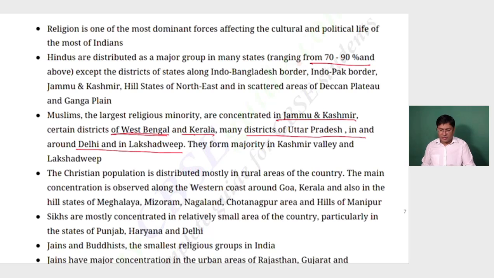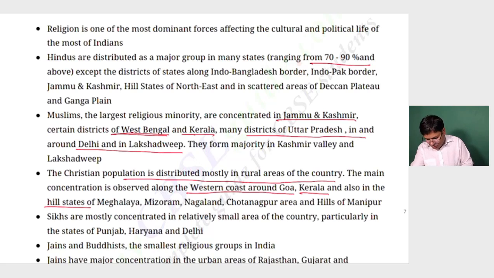Then the third religious group is the Christians, and Christians are distributed mostly in the rural areas of the country. जो क्रिश्चियन पॉपुलेशन है वो ज्यादातर इंडिया के जो रूरल एरिया है वहाँ पे डिस्ट्रीब्यूटेड है। The main concentration is observed along the western coast around Goa. जो सबसे ज्यादा क्रिश्चियन पॉपुलेशन पाई जाती है वो है वेस्टर्न कोस्ट पर गोवा, केरला एंड ऑल्सो इन द हिल स्टेट्स ऑफ मेघालय, मिजोरम, नागालैंड एंड छोटा नागपुर areas and the hills of Manipur.